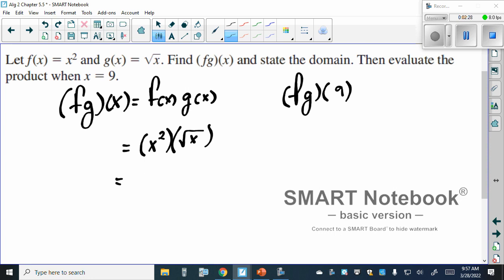In order to do that, we're going to have to rewrite the square root of x as a fractional exponent. So again, this is going off our equation: the nth root of a to the x is equal to a to the x over n.